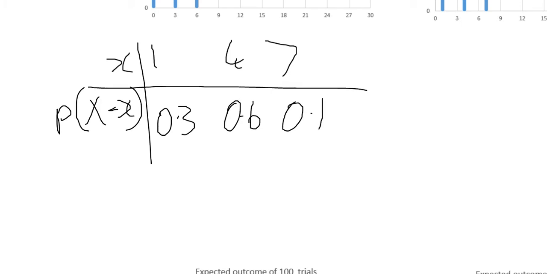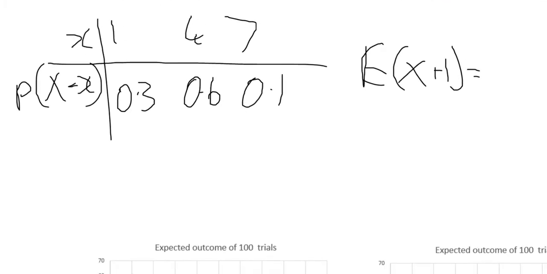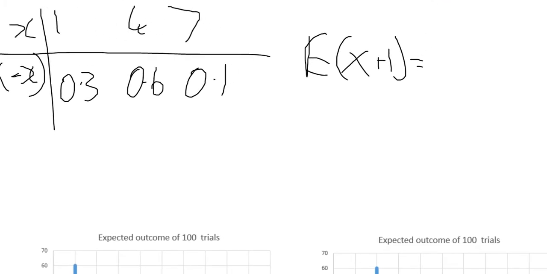If we work this in, it turns out our E of x plus 1 is equal to 3.4.